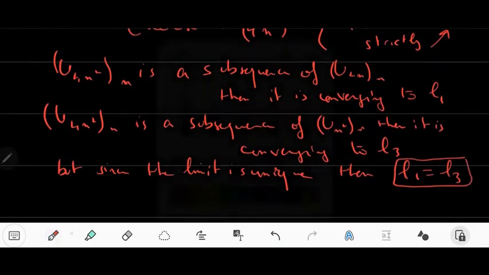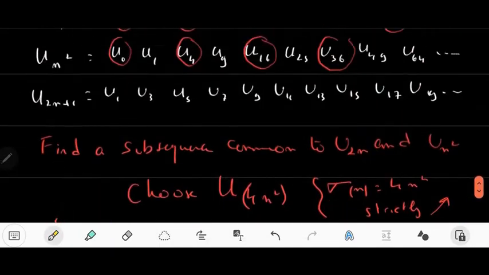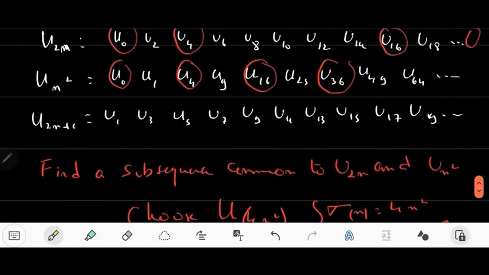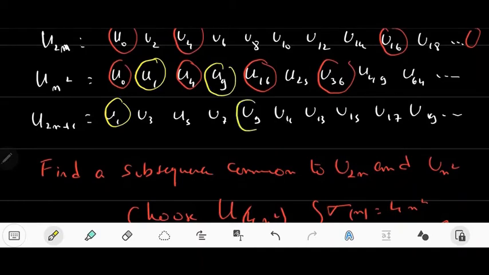Okay, now again, let's do the same between u_{n²} and u2n+1. We have to find something in common. So if we take, for example, u1 with u1, u9 with u9, u25 with u25, which is somewhere in here.